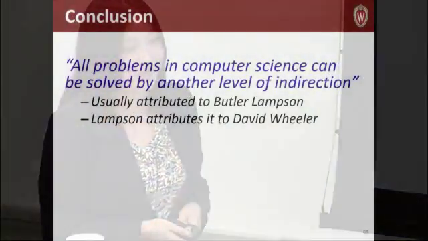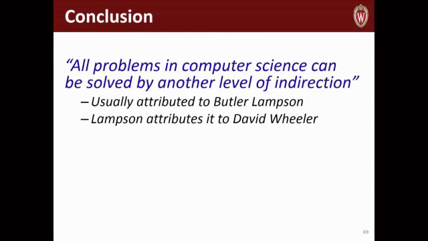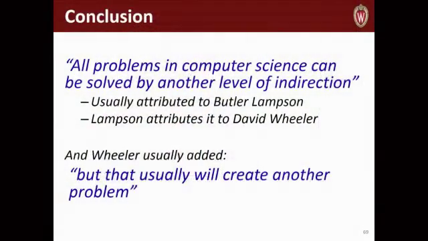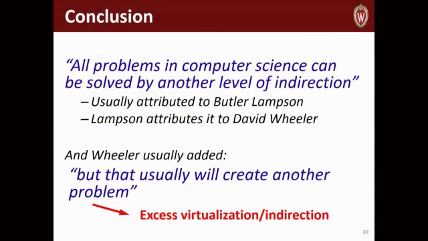And finally, to conclude, let me use a famous quote that all problems in computer science can be solved by adding another level of indirection, which is usually attributed to Butler Lampson, who actually attributes it to David Wheeler. And David Wheeler usually adds, but that usually will create another problem. And that problem is excess virtualization or indirection.